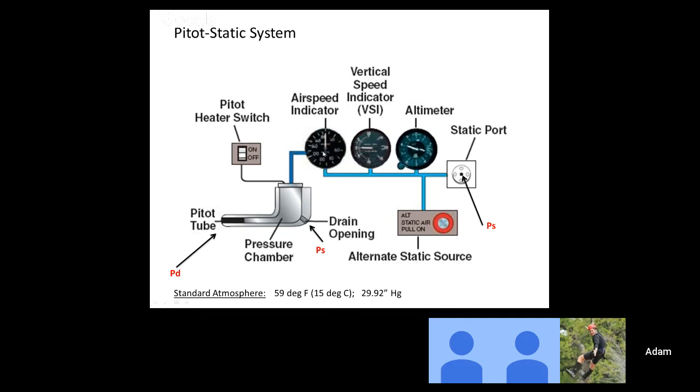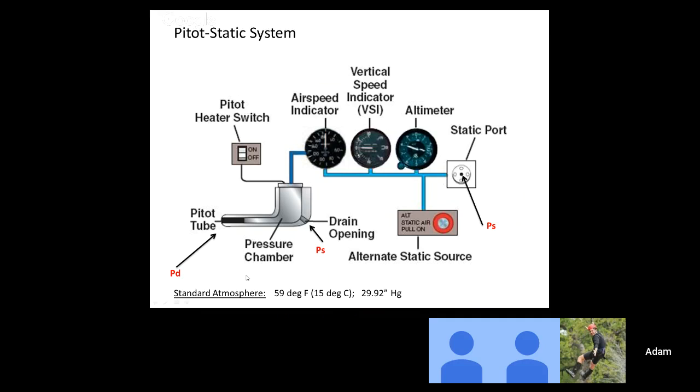So the airspeed indicator will indicate a lower airspeed. So at this point, from a high level, just understand that the pitot-static system operates principally on static pressure, the ambient air pressure outside the aircraft, as well as ram air pressure or dynamic pressure introduced at the pitot tube.